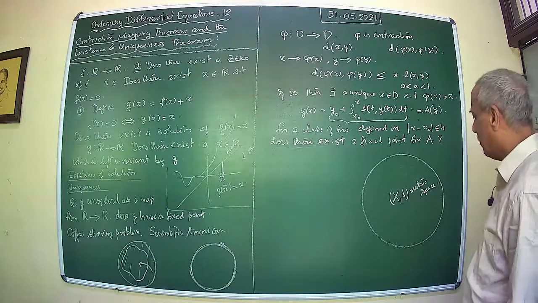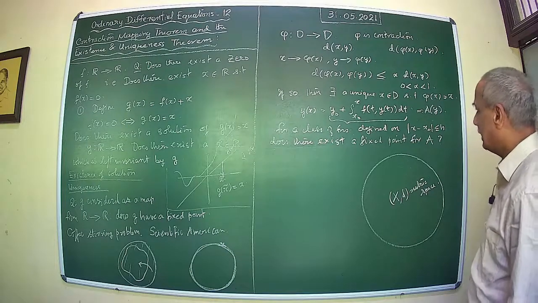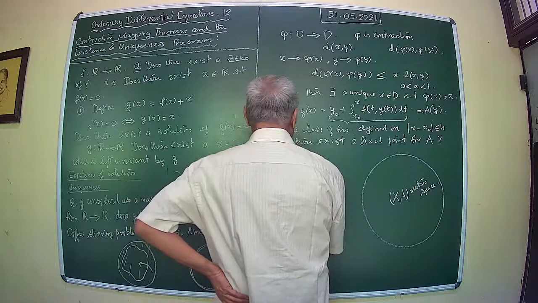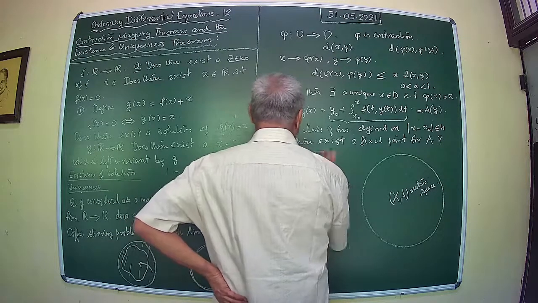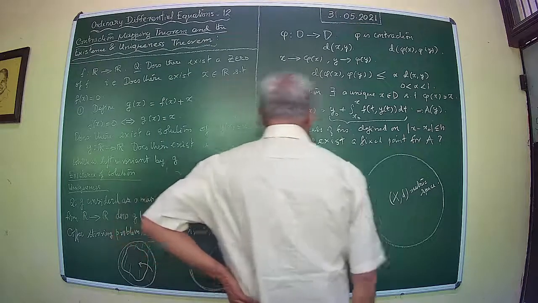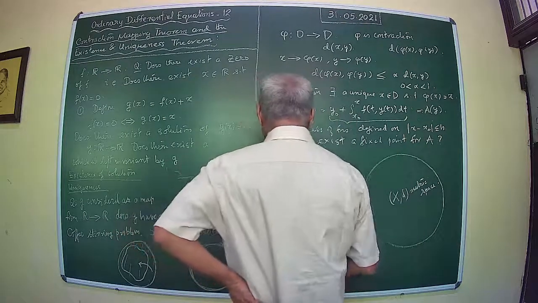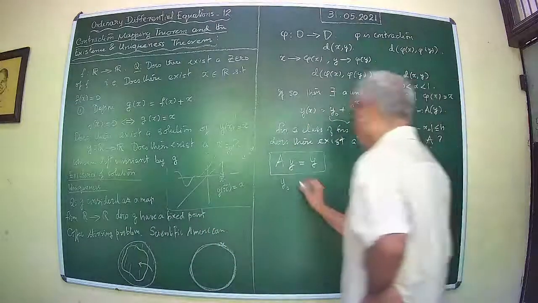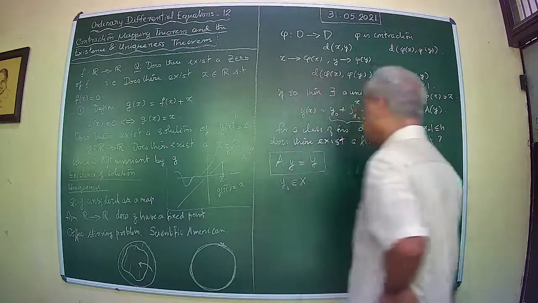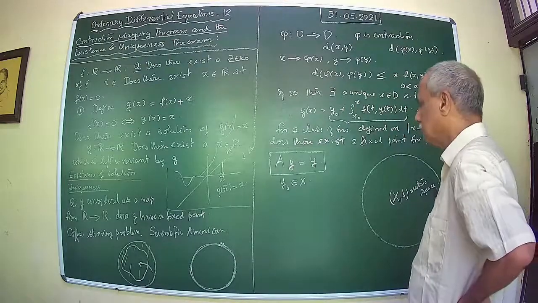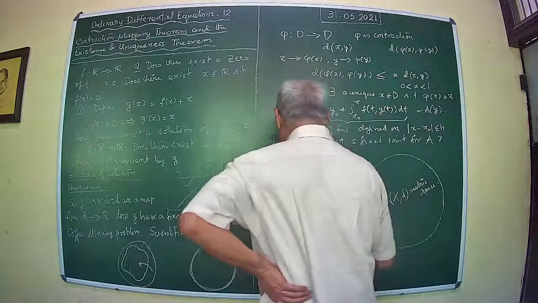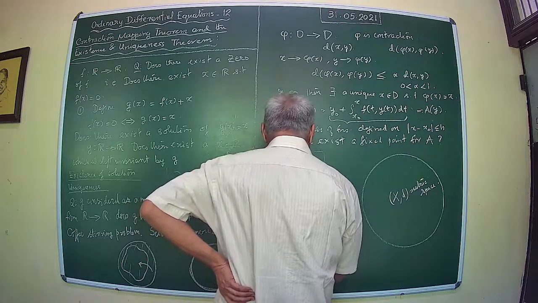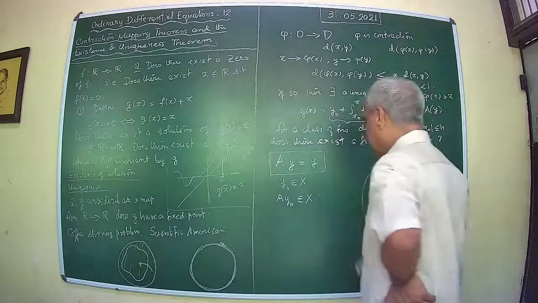Secondly, what is our technique? The technique that you use is this. This is your equation. This is what you want to find out. We start with y naught, some point in X. What you want is that A y naught should belong to X; call it y1.